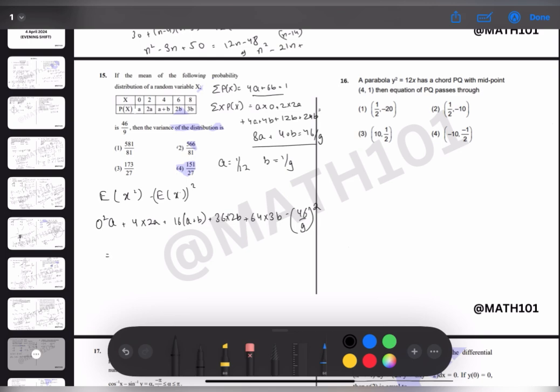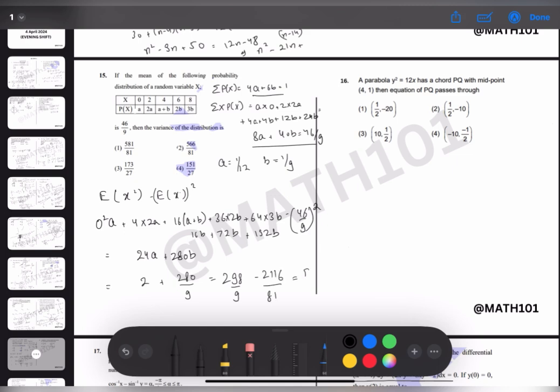This equals 8a plus 16a is 24a, plus 16b plus 72b plus 192b, which is 280b, which equals 24 into 1 by 12 is 2, plus 280 into 1 by 9, minus 46 squared, which equals 298 by 9 minus 2116 upon 81.